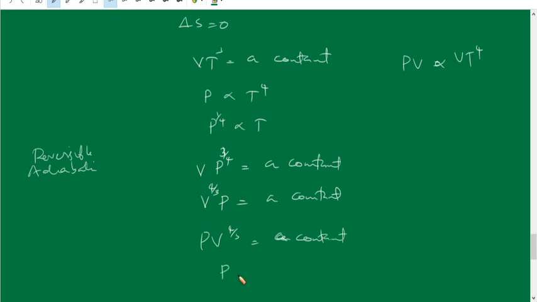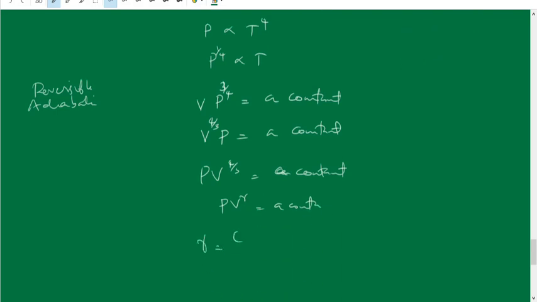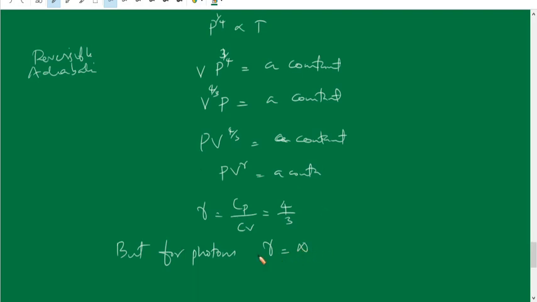So we have PV raised to gamma is a constant. Here gamma is equal to Cp by Cv is equal to 4 by 3. So we got gamma of the radiation, that means photons, as 4 by 3, but for photons gamma is infinite. Actually this is not in agreement with the actual case of photons.